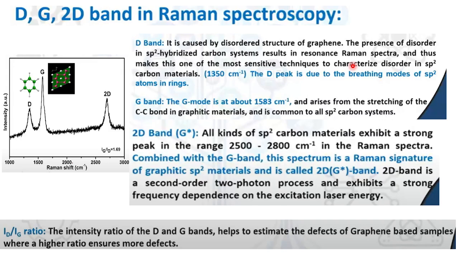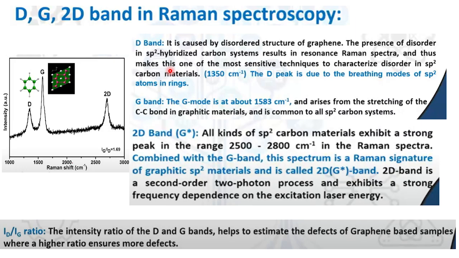Now why is it important in carbonaceous type of material? So there are two different terms. I don't know whether you heard or not. In case of graphene or CNT or any 2D type of material, there is D band and G band. Now what is D band? D band is caused by the disordered structure of graphene. We know in graphene all carbons are sp2 hybridized.